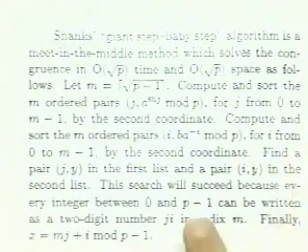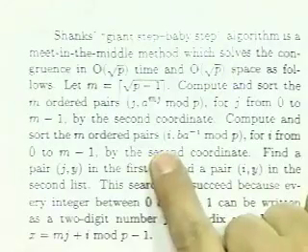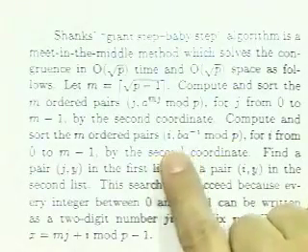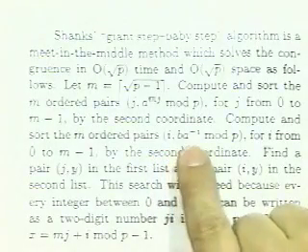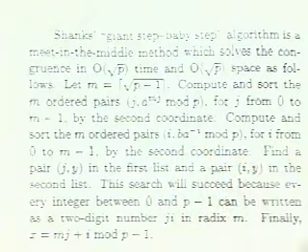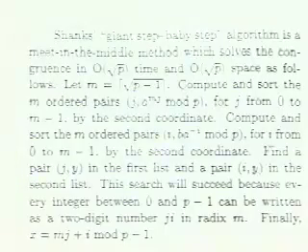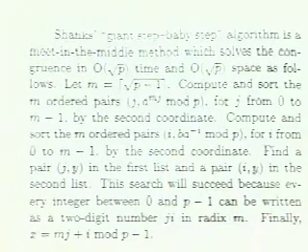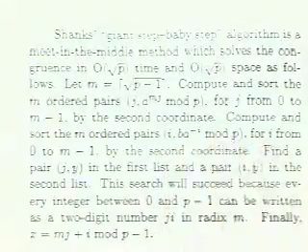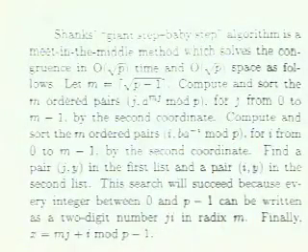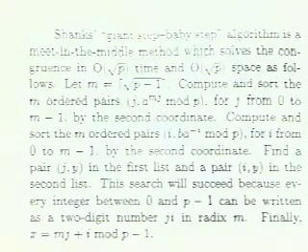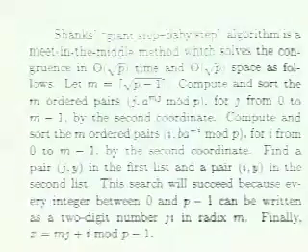Then we also compute more ordered pairs. Call it i, b times a to the minus i power modulo p, for i going from 0 to m minus 1. Now, of course, this has a negative power. The way you do this is you first compute the multiplicative inverse of a one time using the Euclidean algorithm.